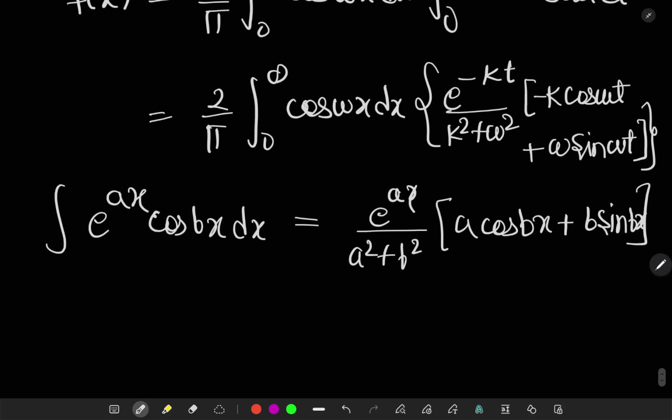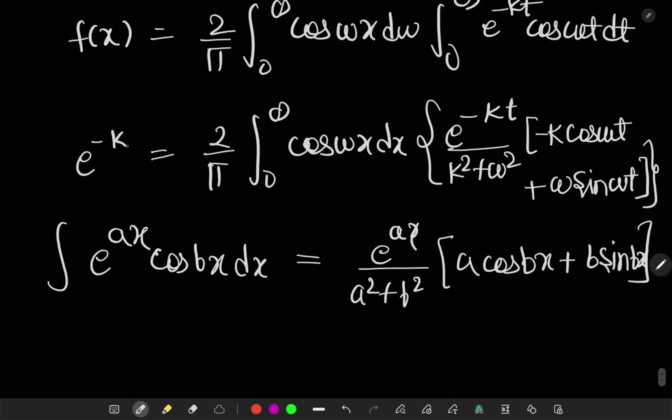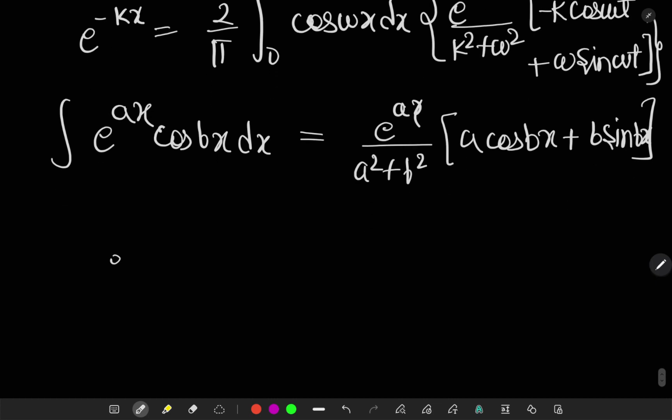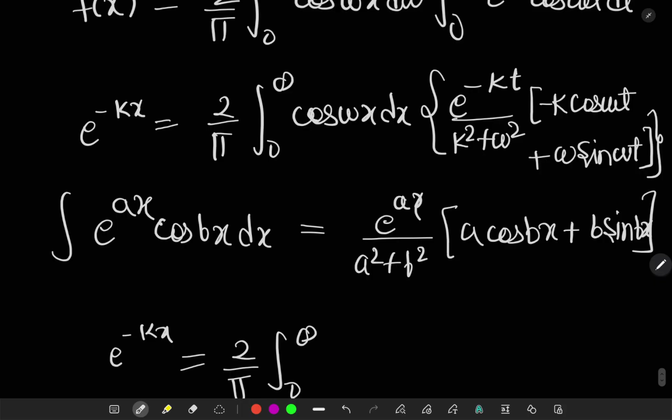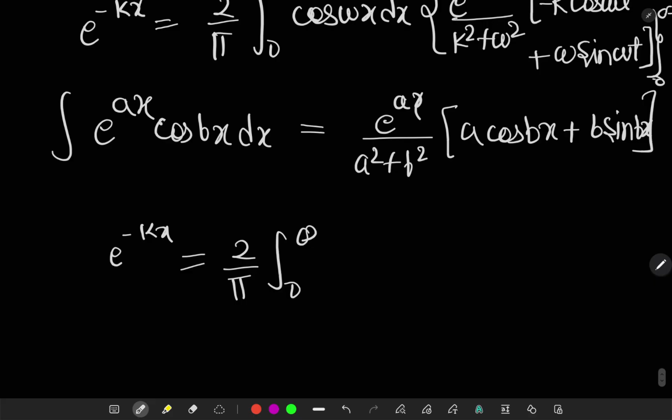Here this f of x is equal to e raised to power minus kx. We can write this. Here the limits are 0 to infinity. After putting limits we get this term.